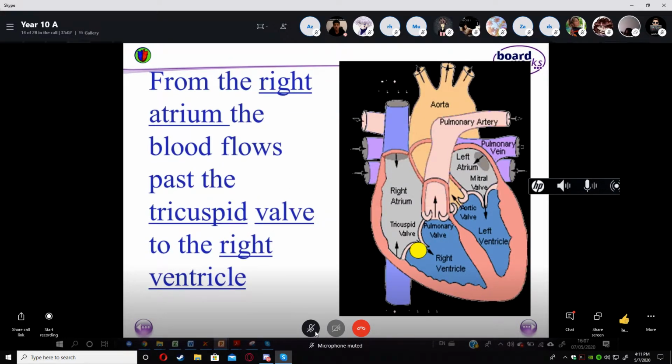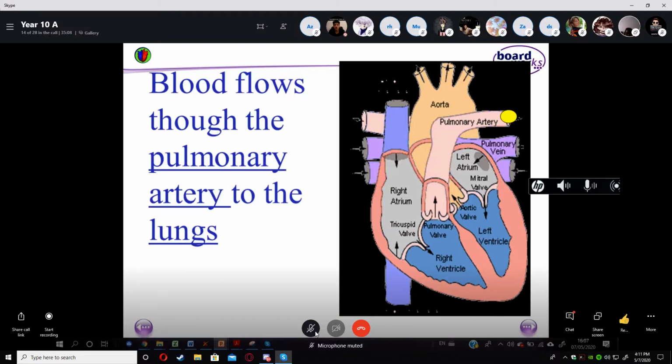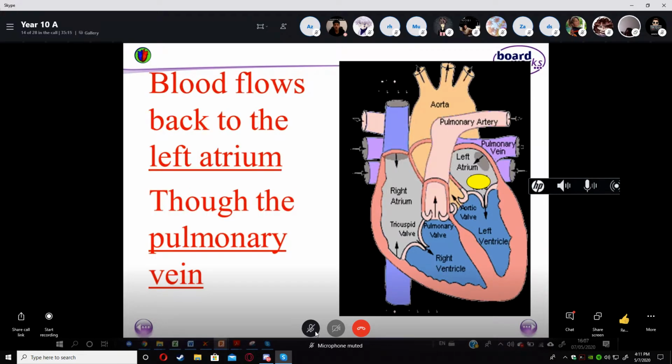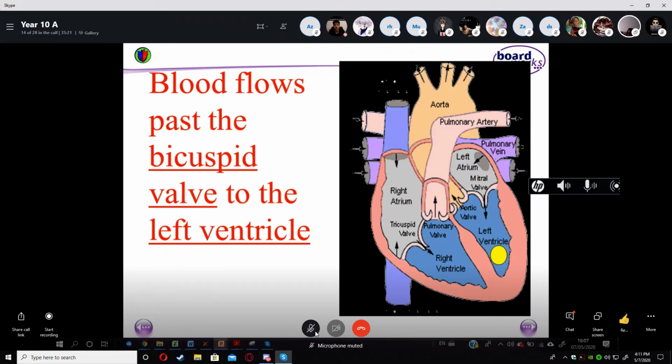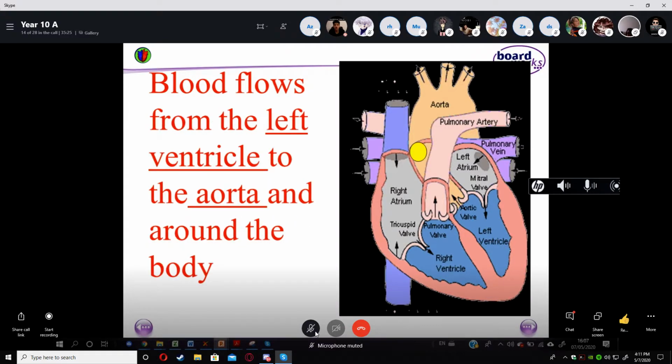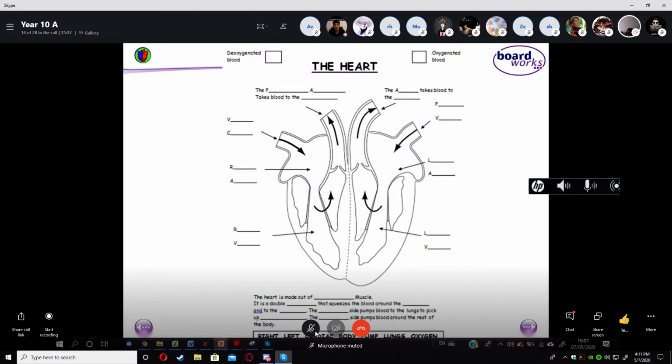From the right atrium, the blood flows through the tricuspid valve to the right ventricle. Then it goes through the pulmonary artery into the lungs, and blood flows back to the left atrium through the pulmonary vein, and then passes through the bicuspid valve into the left ventricle, then from the left ventricle into the aorta and around the rest of the body.